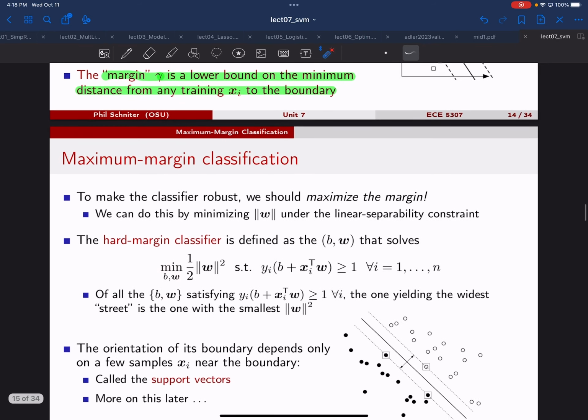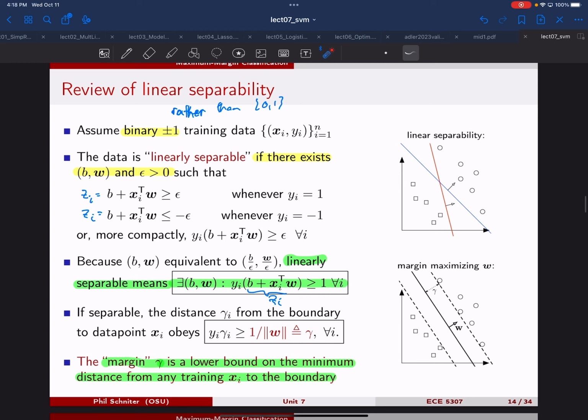Okay, so now we basically have all the pieces, all the ingredients we need to actually design a classifier. So the key point here, the key equation, is this margin. You can see that if my goal is to maximize the margin, gamma, then equivalently I can minimize the norm of W, while keeping the data linearly separable.